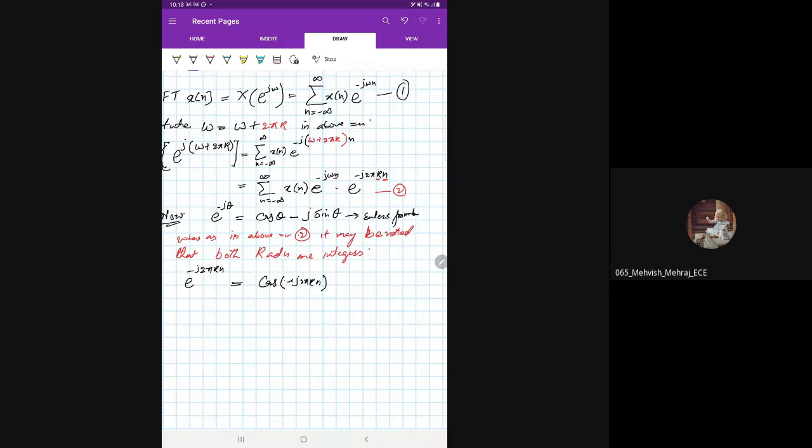What is the angle here? Cos of theta, what is theta? So 2 pi kn. 2 pi kn is the correct answer. Minus j is not part of it because minus j is a separate thing.